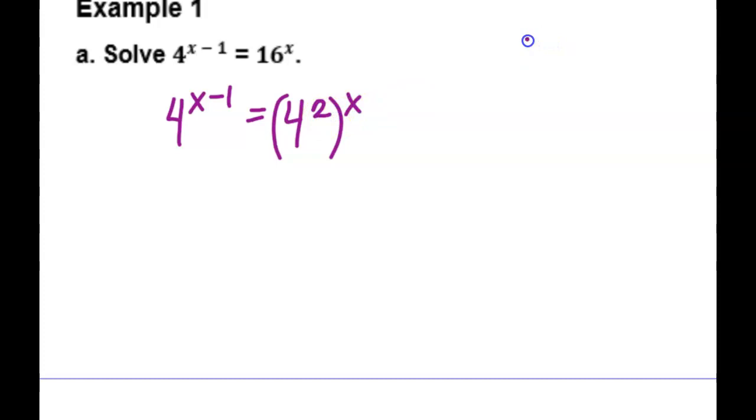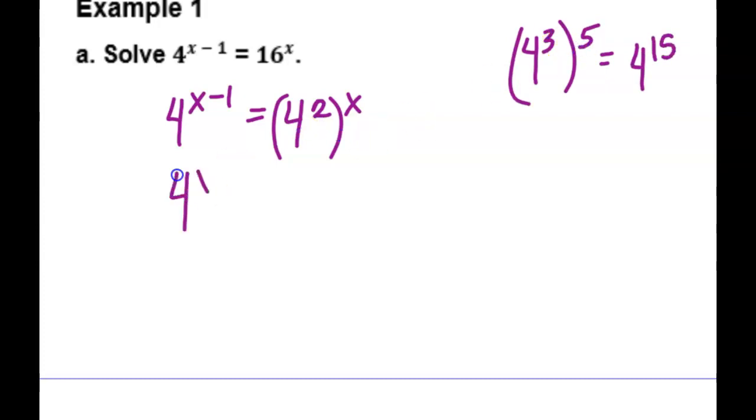So like, if we had a 4 to the 3rd to the 5th power, it would really be a 4 to the 15. Everybody remember that rule? Okay. So here we're going to have a 4 to the x minus 1 equals 4 to the, this is really just a 2x. Then that one-to-one property simply says, therefore the exponents are equal because the bases were equal.